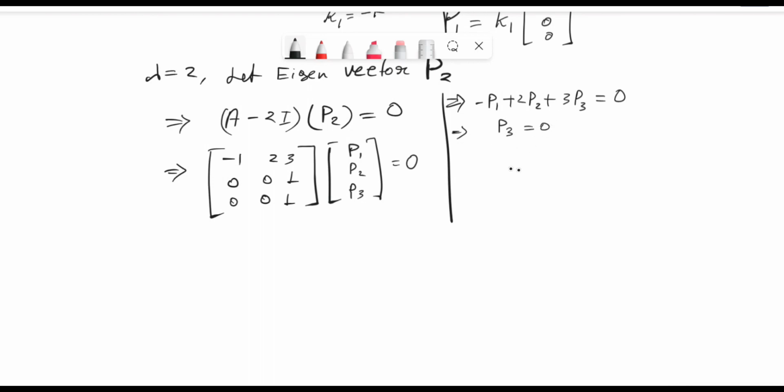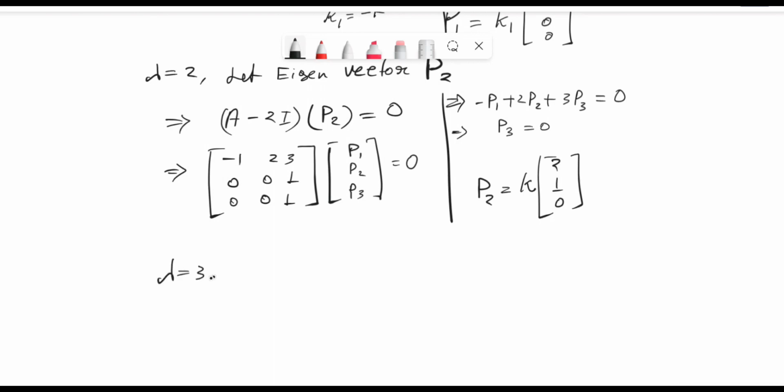So capital P2 will be k times [2, 1, 0], where k is a constant.